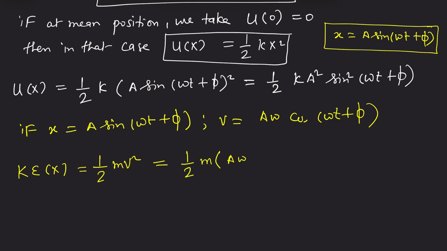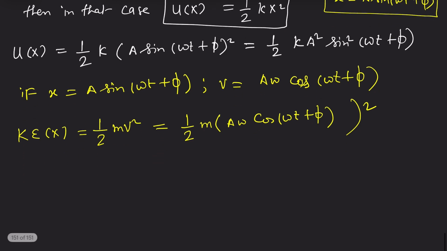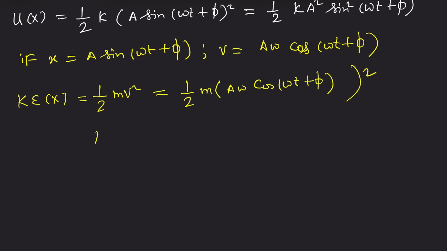So a omega cos(omega t plus phi) whole square. Small errors are happening here. This will be square. So kinetic energy at position x will be half m a square omega square cos square(omega t plus phi).